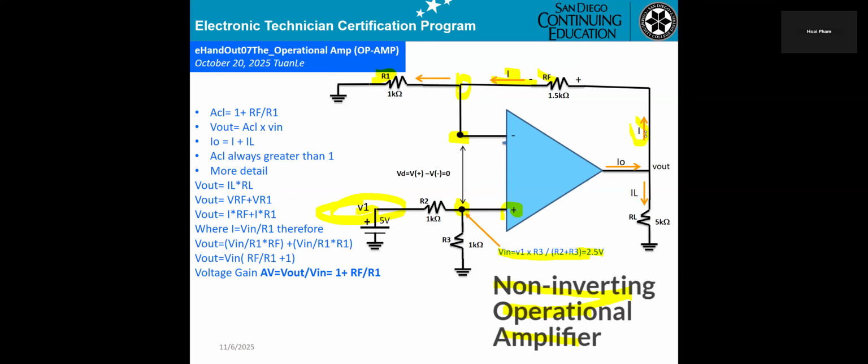In this case, they call it a source current. The op amp sends the current out. Also, on the V out, now it will be positive, and the other side of the load will be negative. So the load current comes out from the op amp going down.